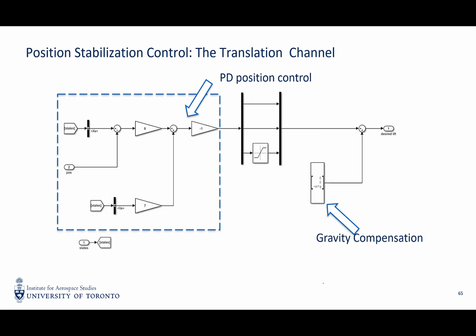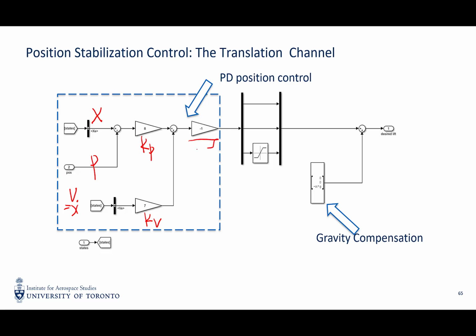In the translational channel, we build a PD controller. This is X, this is P, this is a KP gain, this is a KV gain. This is V, where V equals X dot.